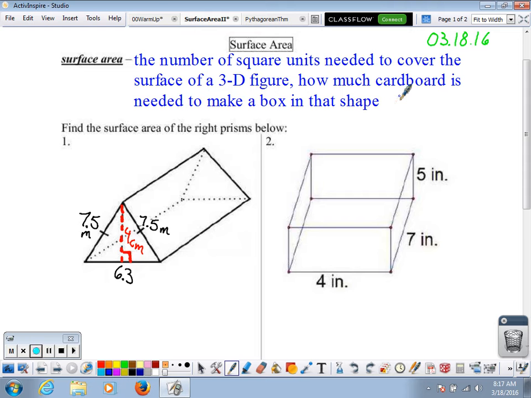We're talking surface area. Very good. Surface area equals 2 times the area of the base plus the perimeter of that base times the distance between that base.